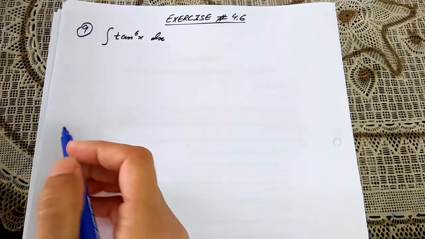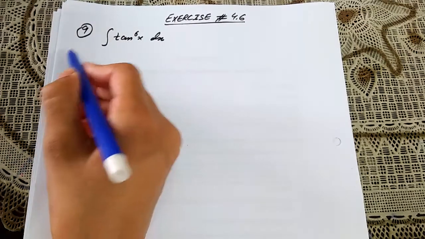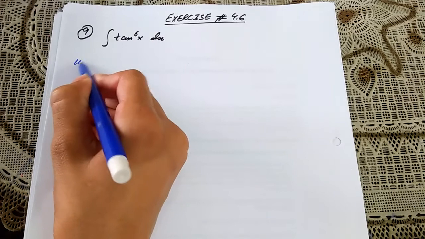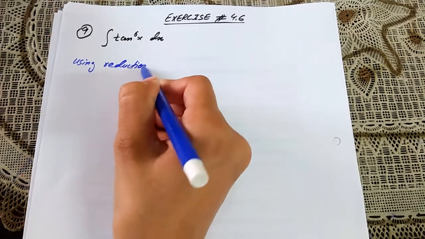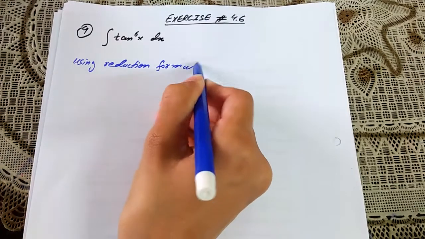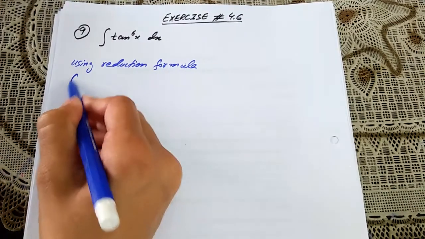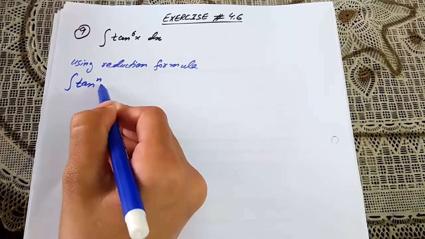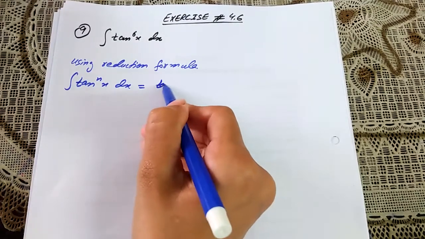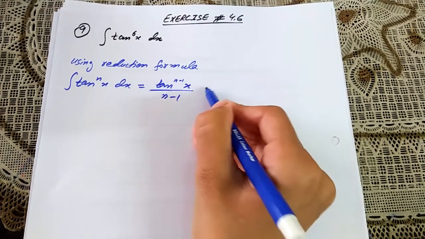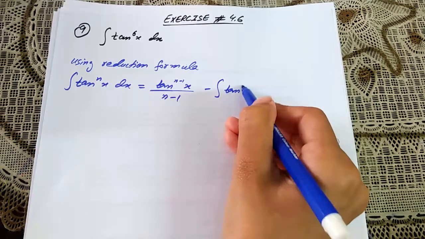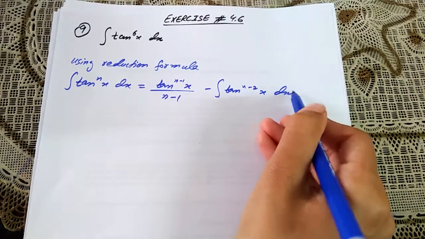Tangent 6 of x dx. For solving the tangent 6 of x dx, we need the reduction formula, that is integral tangent n x dx is equals to tangent n minus 1 x over n minus 1 minus integral tangent n minus 2 x dx.